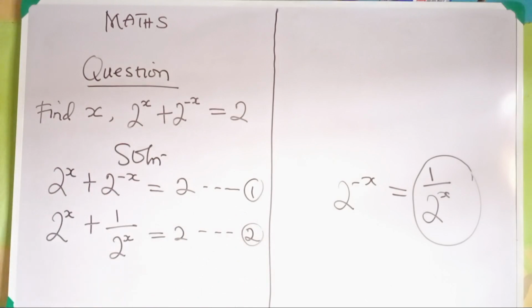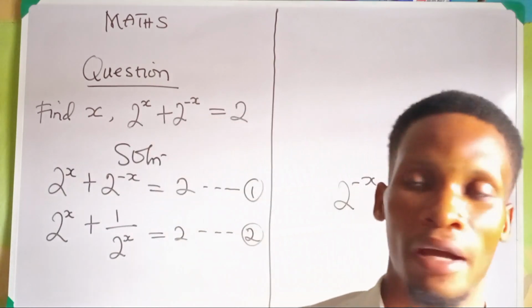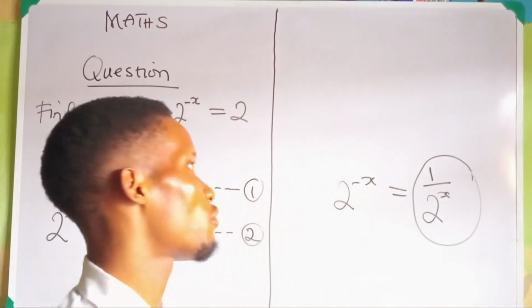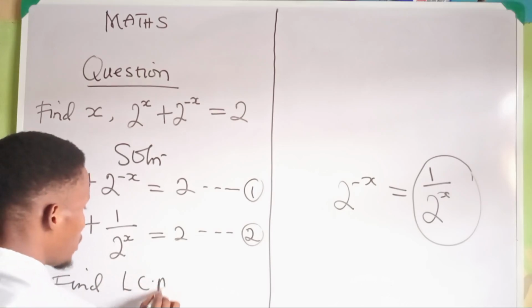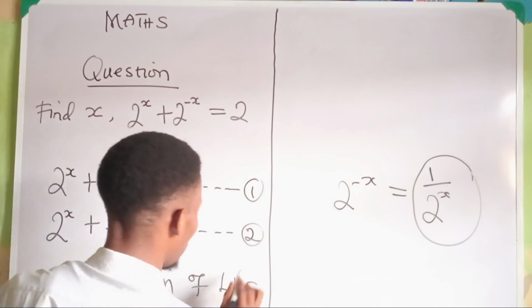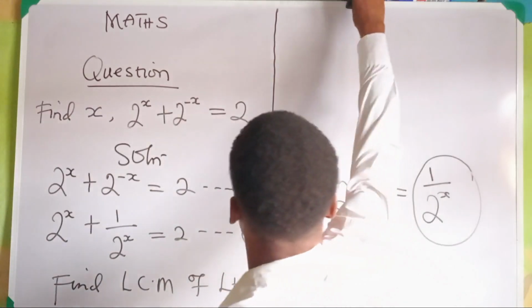If you look at that now, you know that when you have two fractions, you always find the LCM, for either positive or negative. So because of this, now we're going to find the LCM of the left-hand side of the equation.